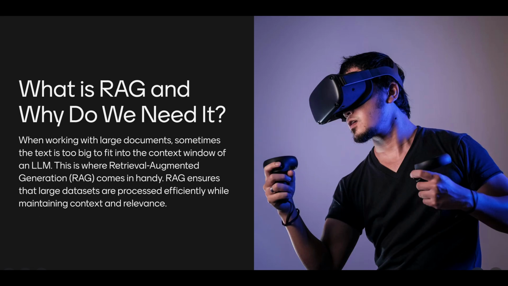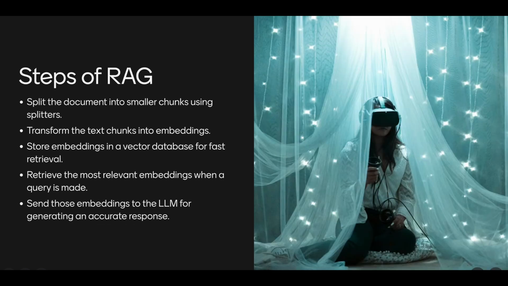What is RAG and why do we need it? Well, when we are working with large documents, sometimes the text is too big to fit into the context window of the LLM. This is where Retrieval-Augmented Generation comes in handy. The steps for RAG: splitting the documents into smaller chunks using a splitter.